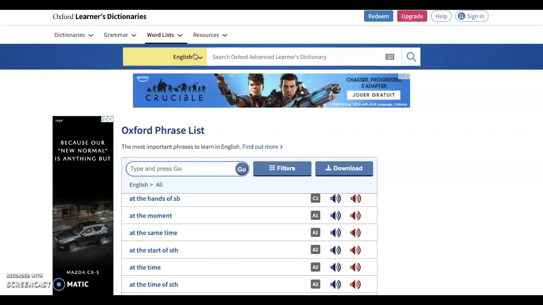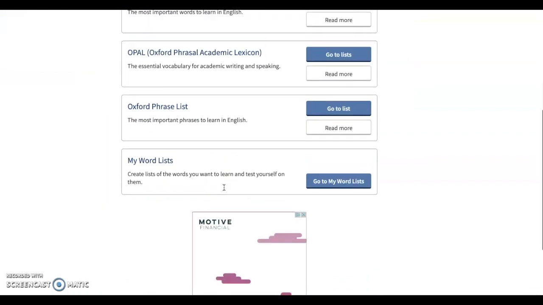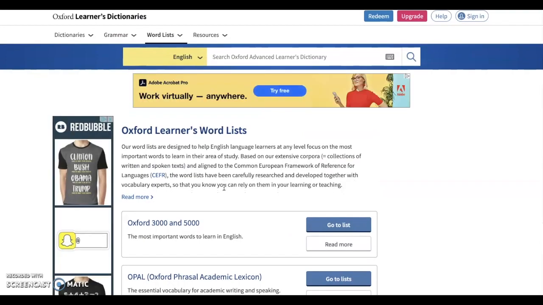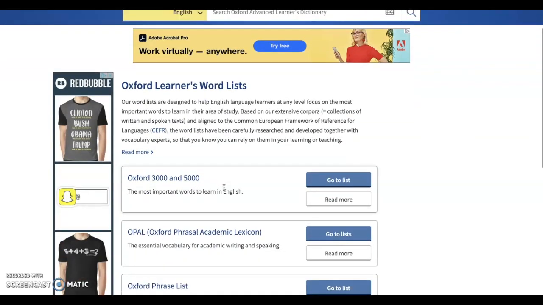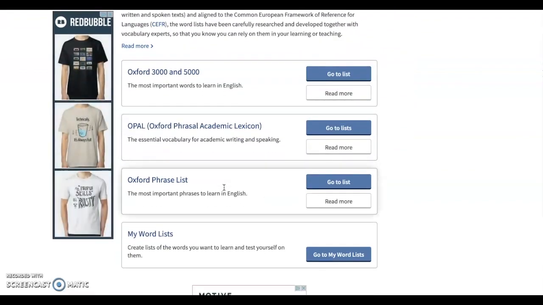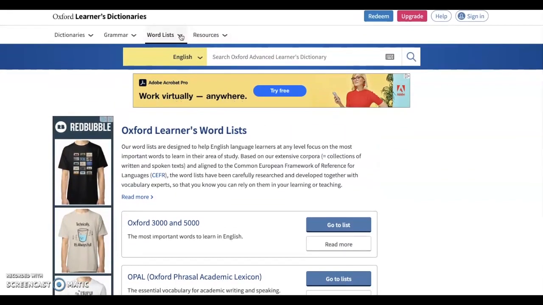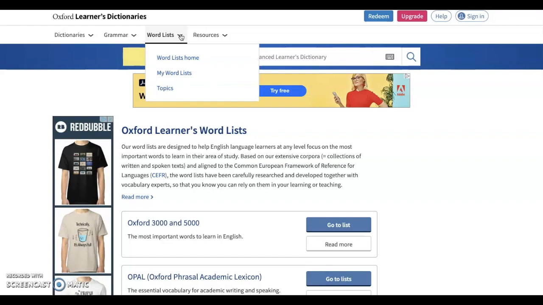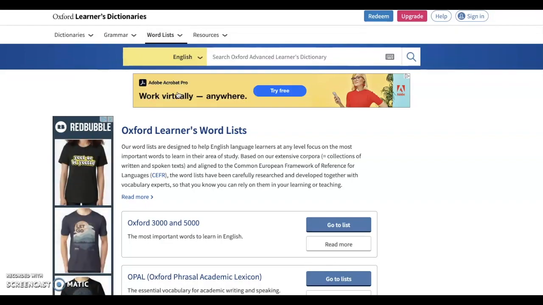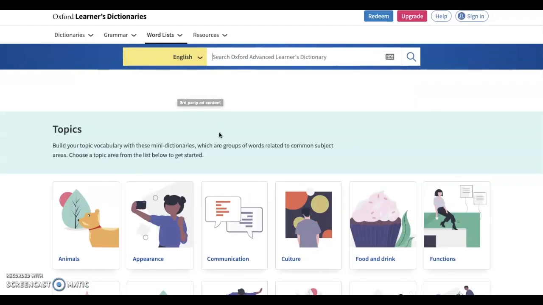And finally, in the word list home, you can find a section where you can find words and phrases categorized based on their themes. So let's see how that works. Click on word list and then click on topics.